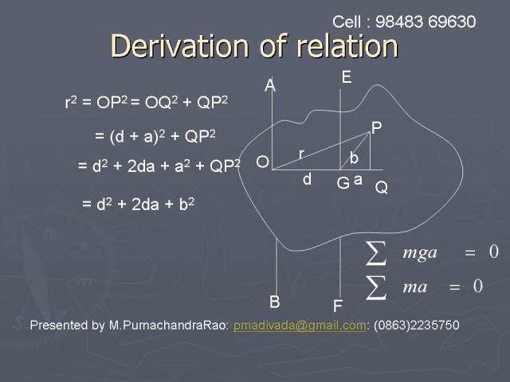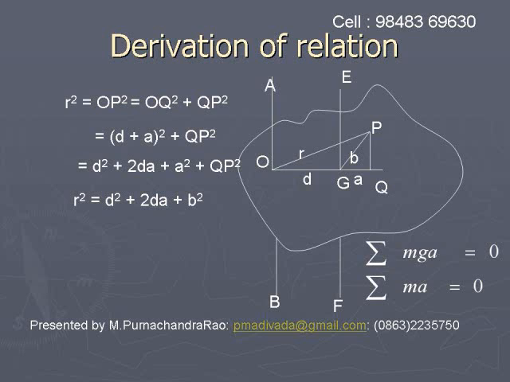In this relation, a square plus PQ square becomes equal to GP square, or b square. Hence, OP square, or R square, is equal to d square plus 2da plus b square.